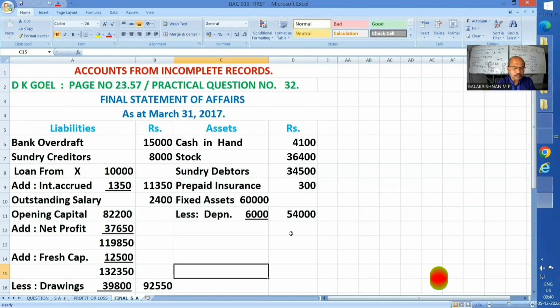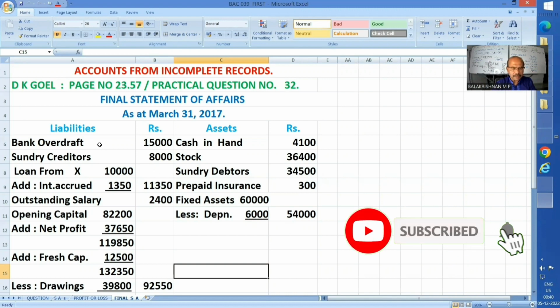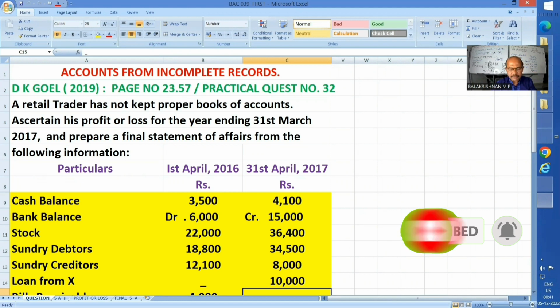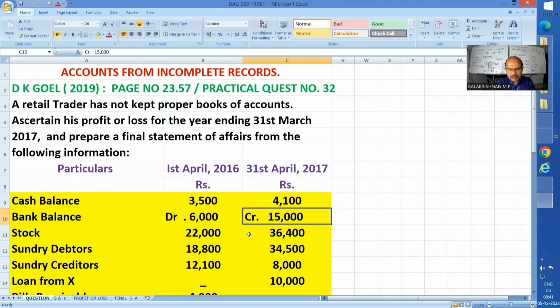Now, let us move to the liability side. Bank overdraft 15,000. Well, students, I've been teaching you from the scratch. So you can go back to my first episode, second episode, like that also. What I mean to say is, a credit bank balance by this time should strike you very fast. It's an overdraft.